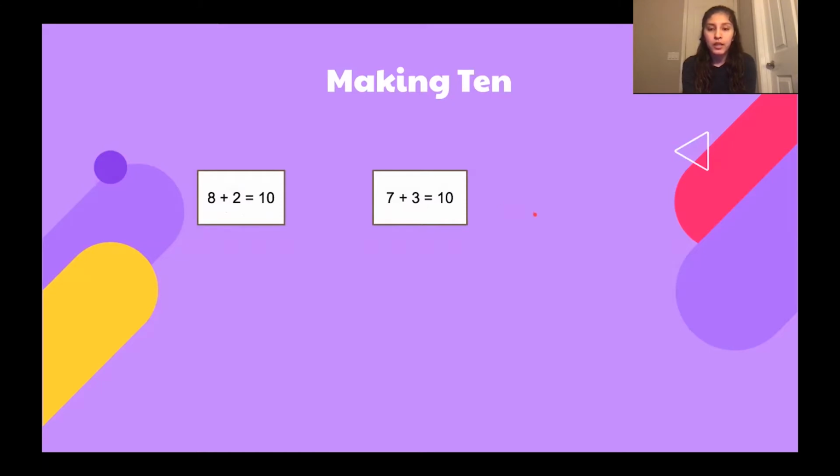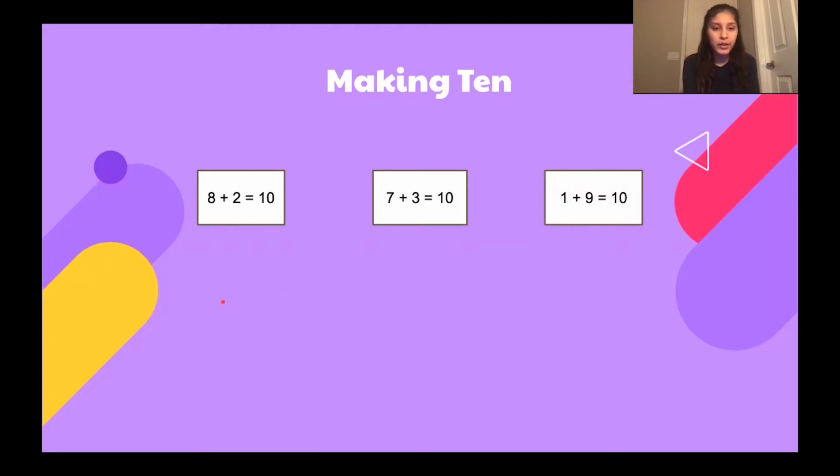Now the third addition problem was 1 plus blank equals 10. So 1 plus 9 equals 10. If you got all three of those, nice work. And if you didn't get all three of them, it's okay. Practice makes us get better at it.